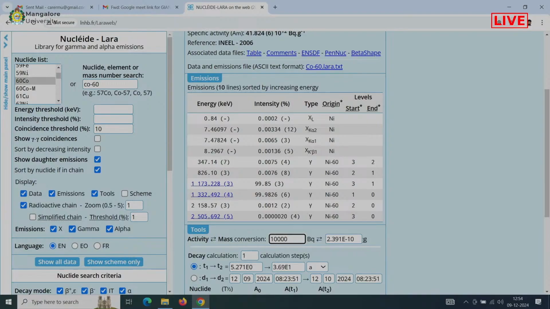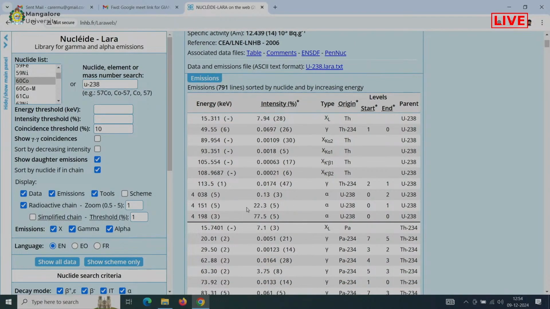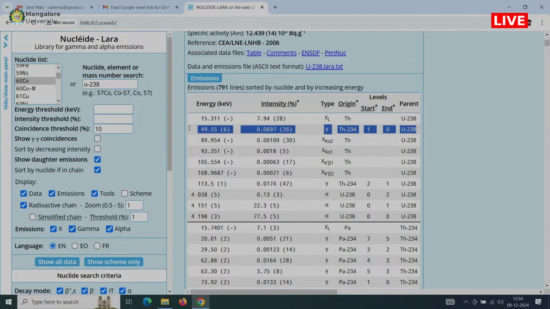If we try to use uranium, for example, uranium 238. So all data. So it's shown here. As you can see, there is no large amount of gammas going out. Close to 50, so the emission intensity is only 0.07.